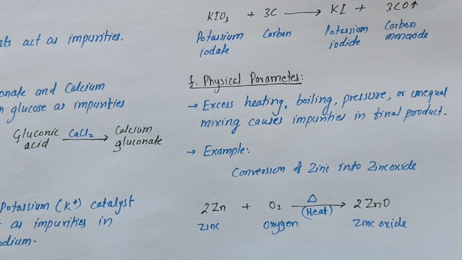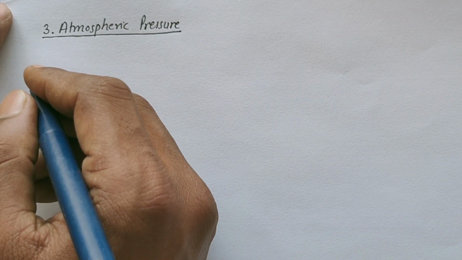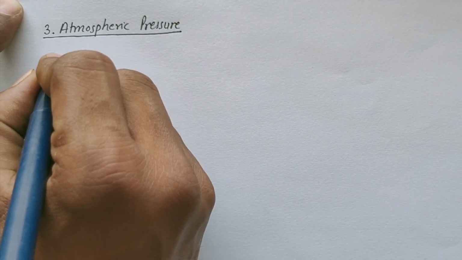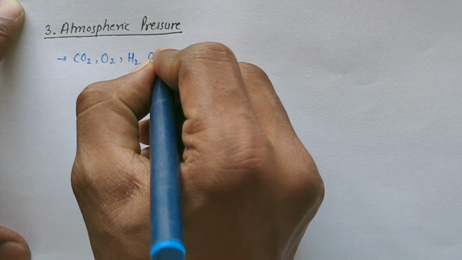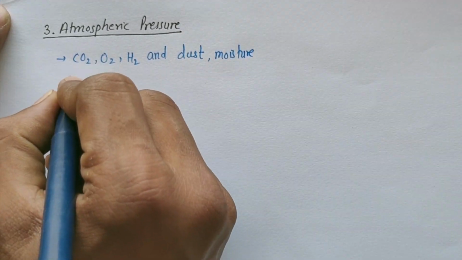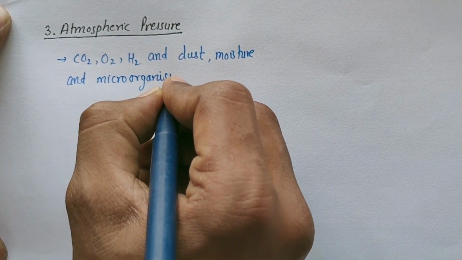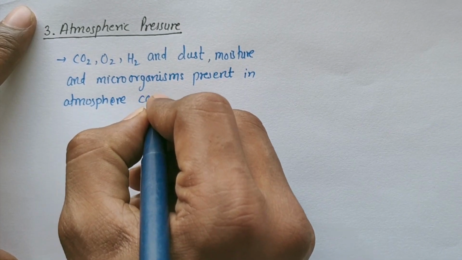Now the third one is atmospheric pressure. Carbon dioxide, oxygen, hydrogen, dust, moisture and microorganisms present in the atmosphere can cause impurities.